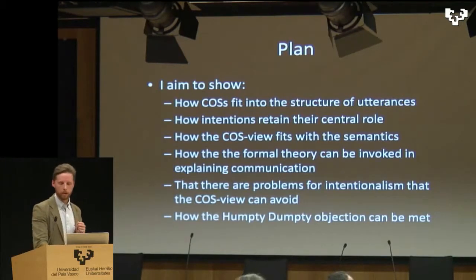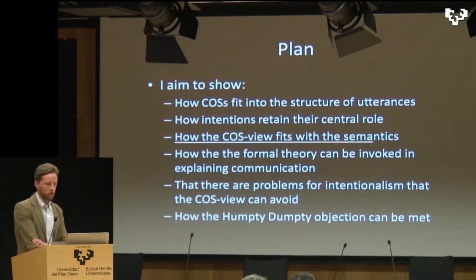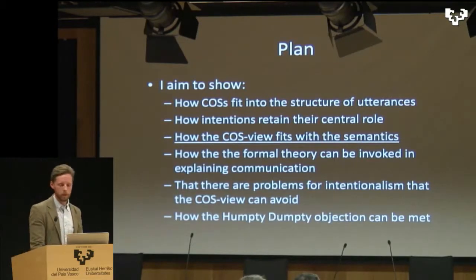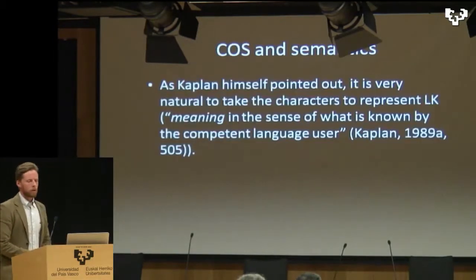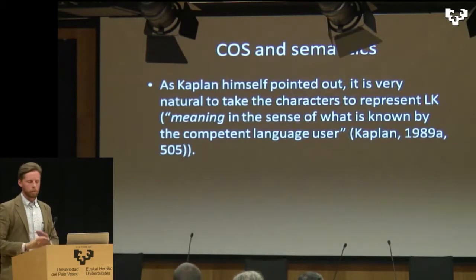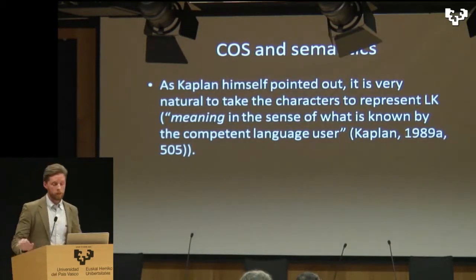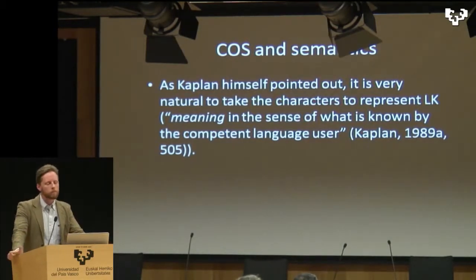So that was how conceptions of situation fit into the structure of utterances, and also how these intentions can retain their central role. Now I'm going to say a little bit about how the Coase view fits with the semantic theory, with the Kaplanian framework. So I'll turn to the third point on this list. I'm going to be quite brief here. It's a very simple idea. As Kaplan himself pointed out, it's very natural to take characters to represent linguistic knowledge. That's the whole point of introducing that notion.